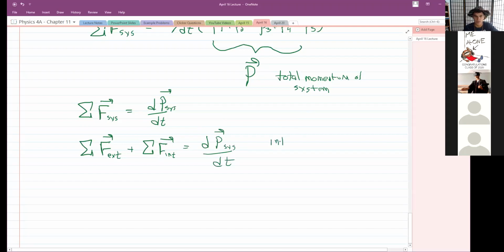So internal forces, these are forces particles in the system exert on each other. So in the case where I have 5 particles, any forces these 5 particles exert on each other are internal forces. External forces are forces the environment exerts on the system.